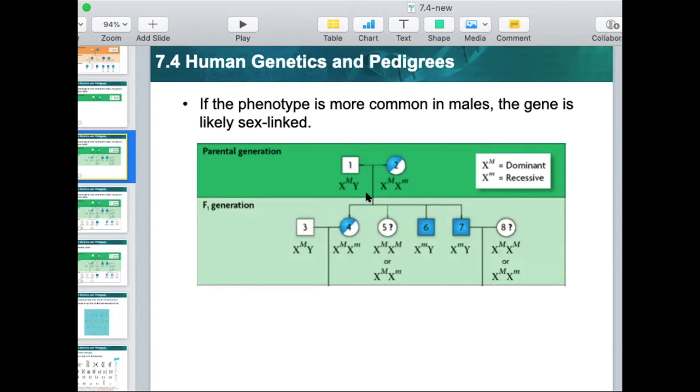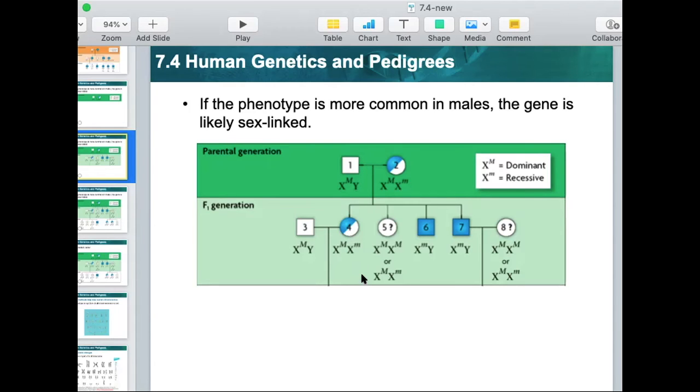So a male will get a Y from the dad, and from the mom he could get either capital M or lowercase m. And so half the males would be colorblind because half of them would get lowercase m from mom, and they all would get Y from dad. But none of the females would be, because all the girls will get a capital M from dad, in which case they will not be colorblind.